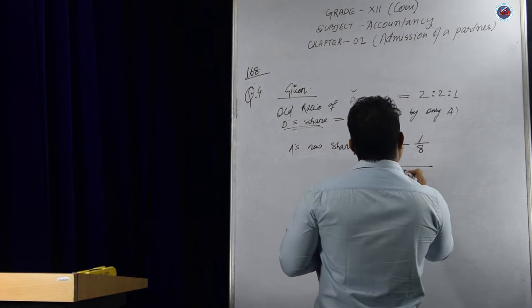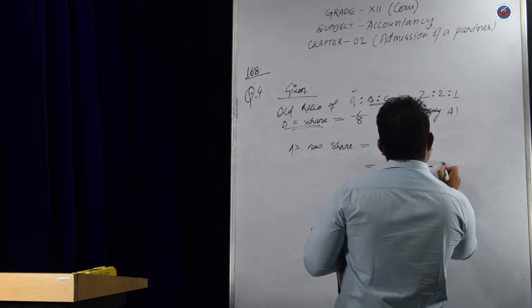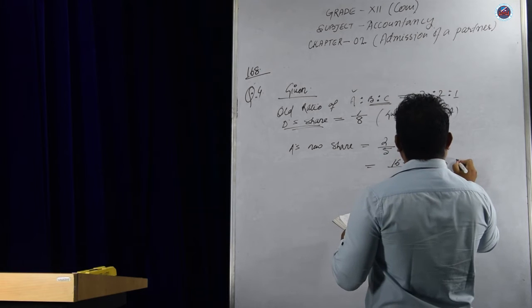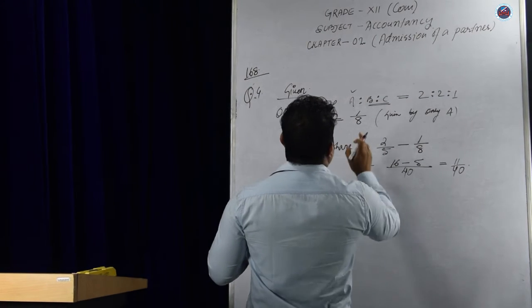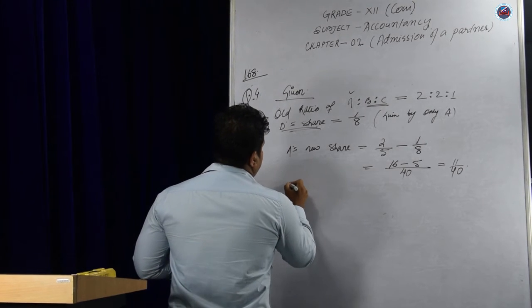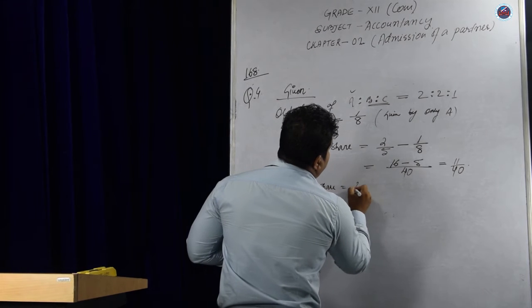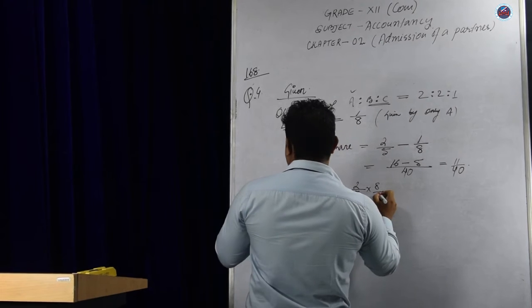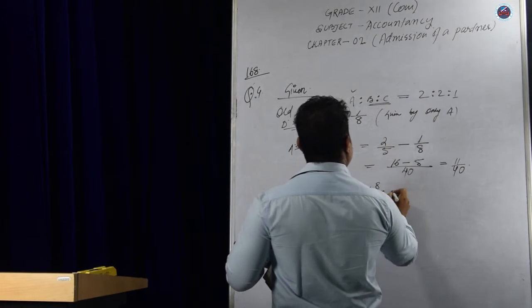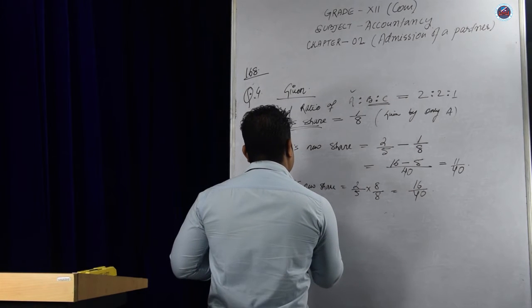The LCM is 40. 8 twos are 16 minus 5, that will be 11 by 40. Now B and C will remain the same, so B's new share is 2 by 5 into 8 by 8, which is 16 by 40.